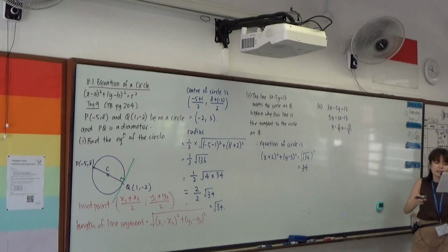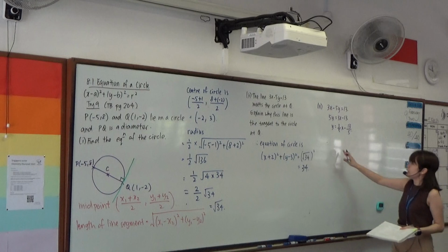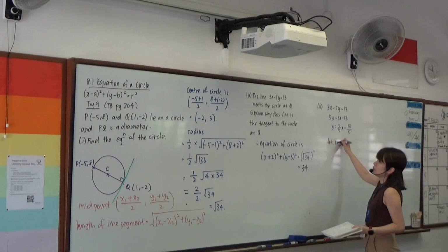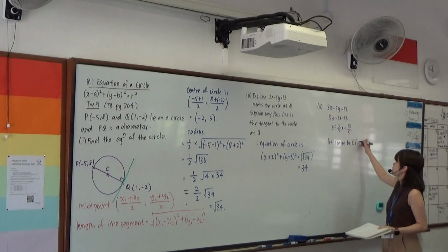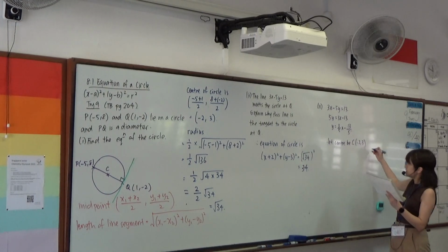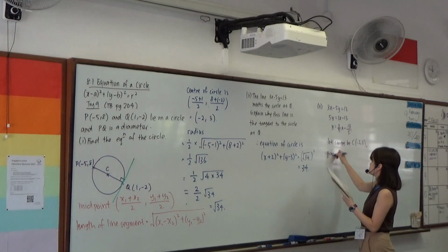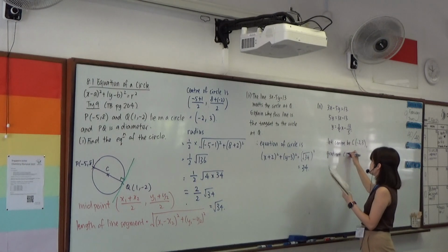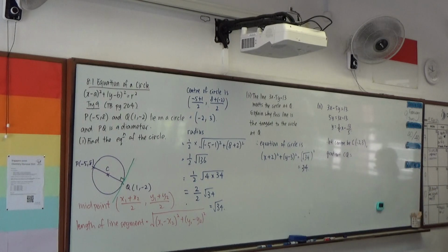We find out what is the gradient of the line that we are given. And then we let the center be C for convenient naming. Then we can find the gradient of the radius, or you can find the gradient of the diameter. They are all the same.